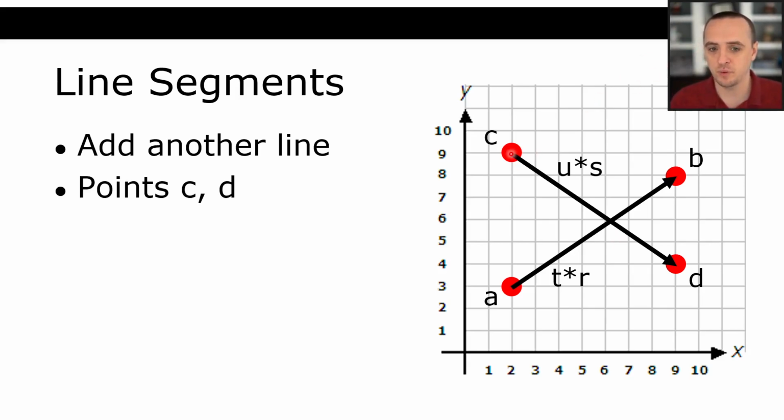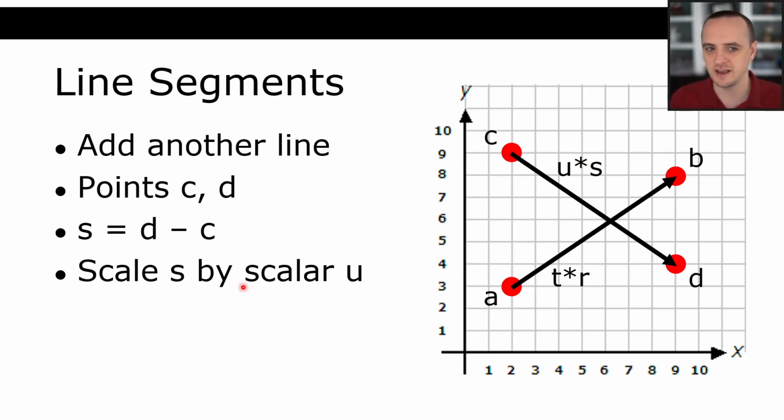Now, let's add points C and D. If we're taking D as our destination, then S is going to be D minus C. We had R going from A to B, now we have S going from C to D. And U is going to be the scalar value for S. So we scale S by a scalar U.